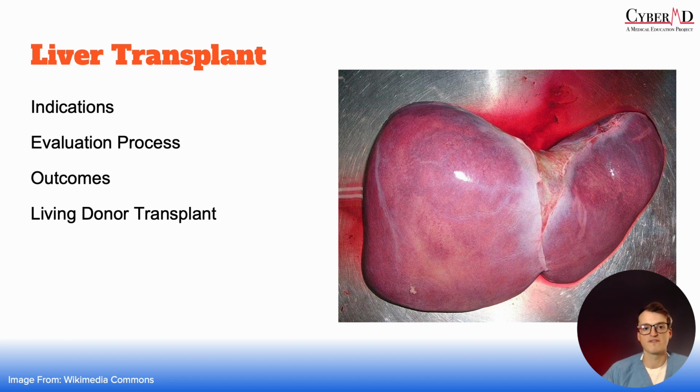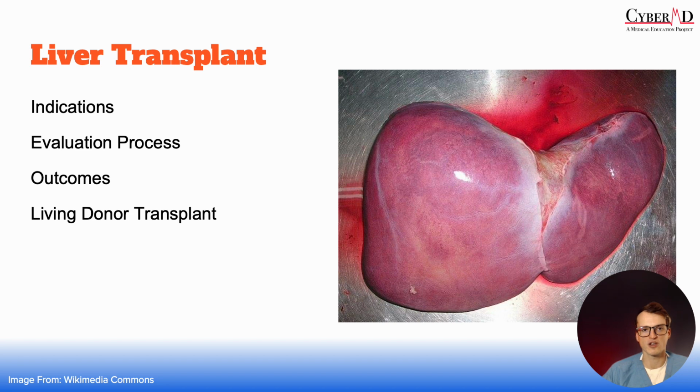And so, as far as the evaluation process goes, it's pretty comprehensive, as I mentioned, and it assesses not just the severity of the liver disease, but also the patient's overall health, their psychosocial status, the support system that they do or do not have. It's going to involve a multidisciplinary team, including hepatologists, transplant surgeons, nurses, social workers.